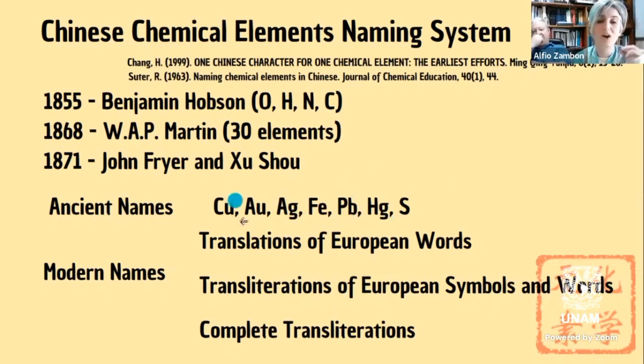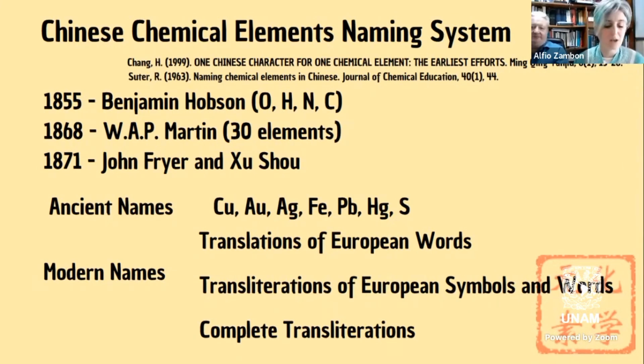They already existed in the Chinese language, so they kept them as part of the names. Later on, John Fryer and Xu Shou were the first ones to put in writing the rules that you have to follow in order to create a name.